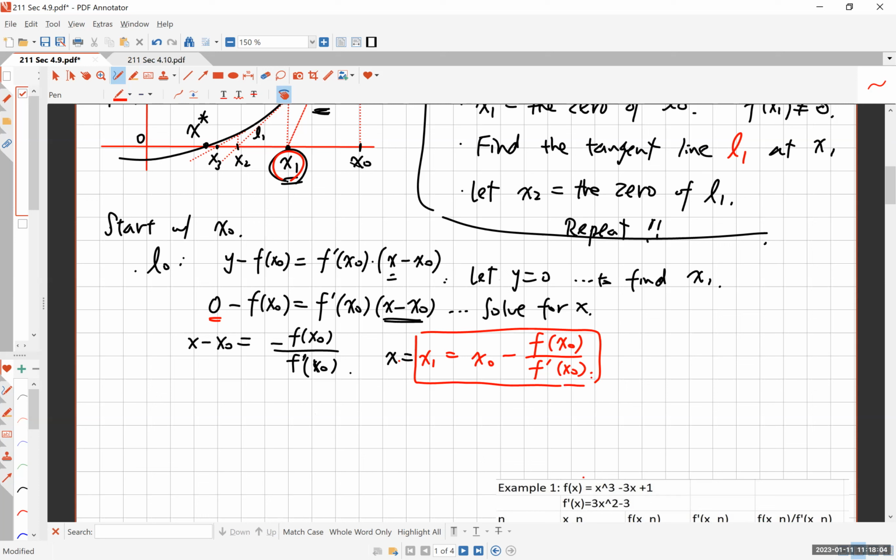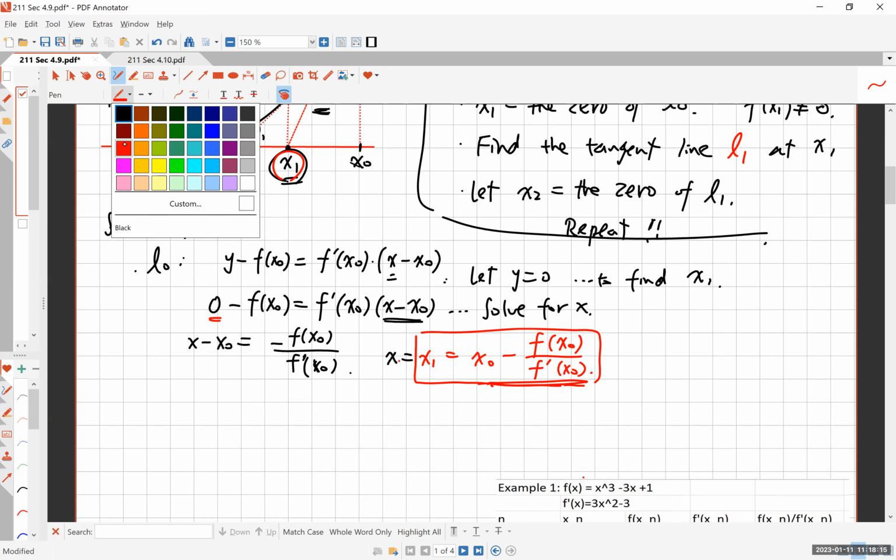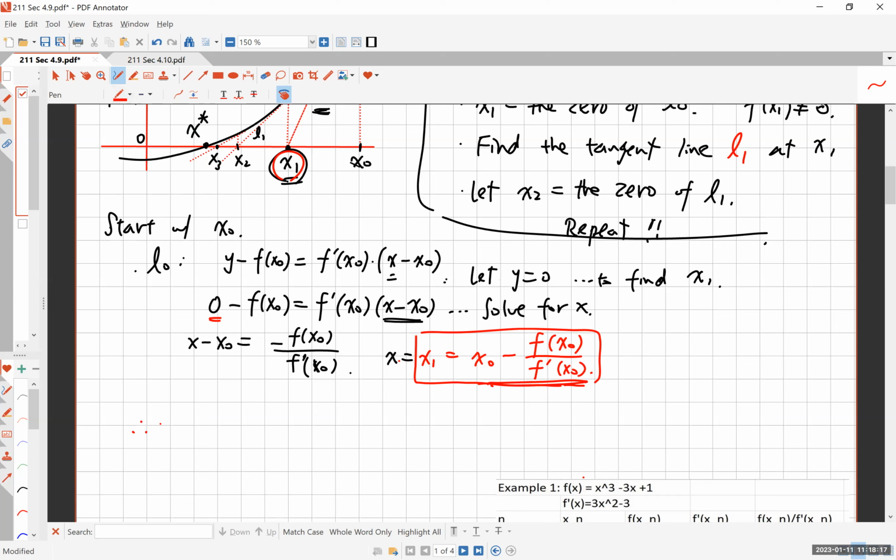And of course, because we repeat the process based on x1, x2 is going to be all of this, where x naught is replaced with x1. So x2 will be x1 minus the value of the function at x1 divided by the derivative of the function at x1, and so on.